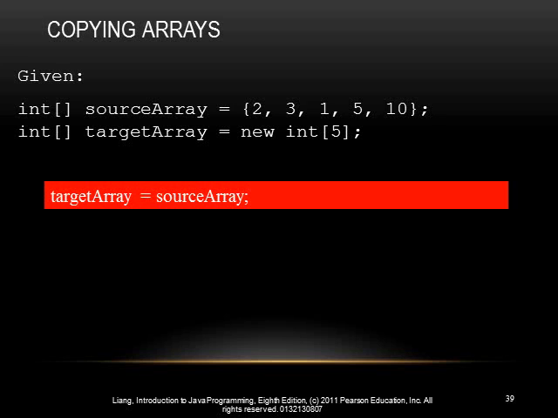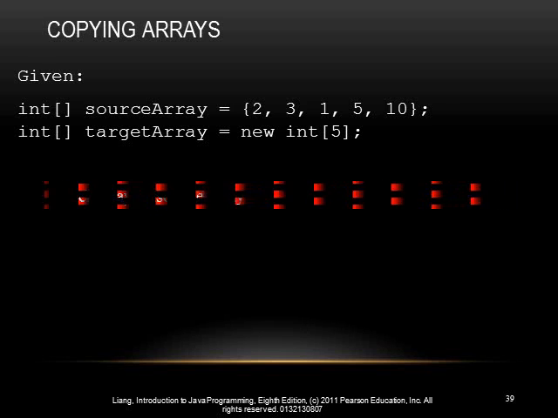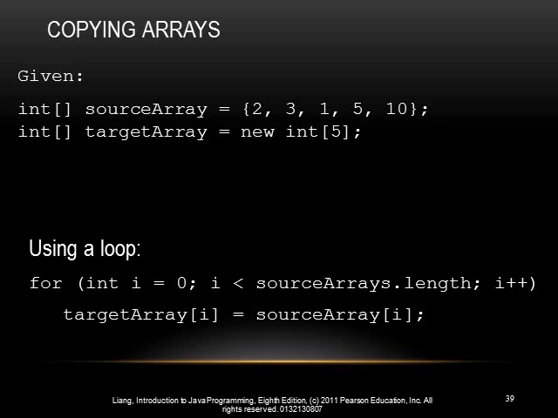So here's another example of a common mistake, illustrated in the last slide. We set the target array equal to the source array, assuming that the values in the source array will be transferred to the target array. That was not the case. Remember, the array variable is not the array.